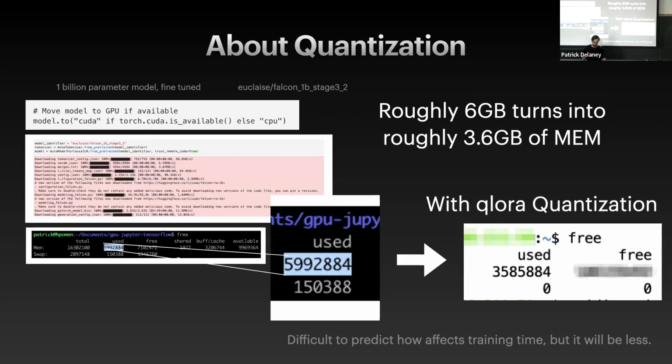So just what I figured out through my experiments, if you're using like a 6 gigabyte language model, which this was, I think, 1 billion parameters, if I remember correctly. I'd have to go, see here. Yeah, this is a 1 billion parameter model, which was about 6 gigabytes.